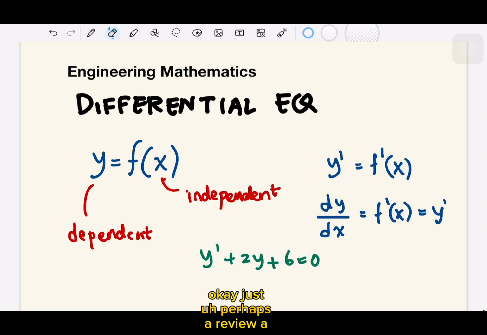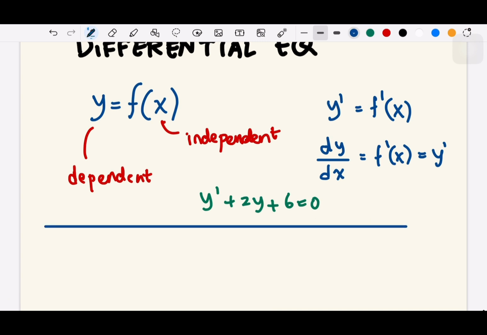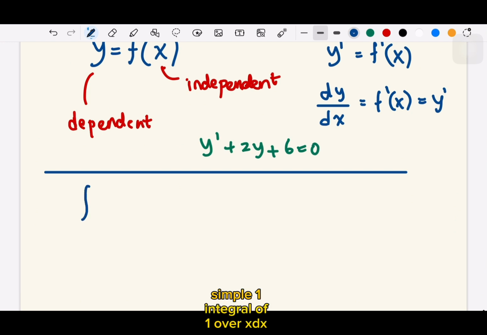Okay, let me review a little bit. Let's start from the simple one, the integral of 1 over x dx.